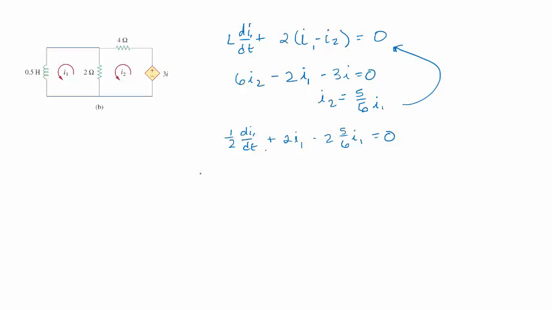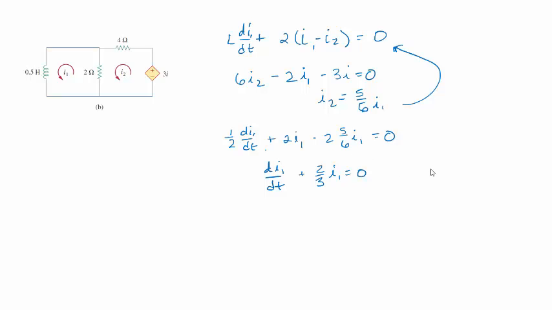Simplifying that down, we get dI1/dt plus 2/3 I1 equals 0. So once again we have that same differential equation that we have been working with for this circuit. This is a differential equation of order 1.